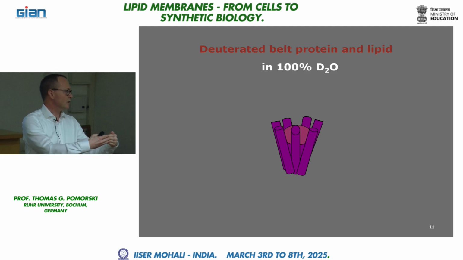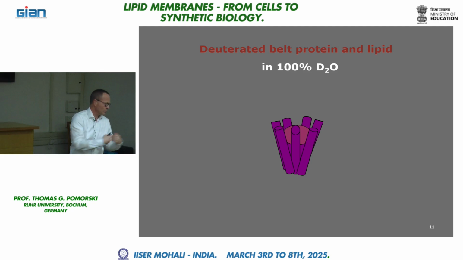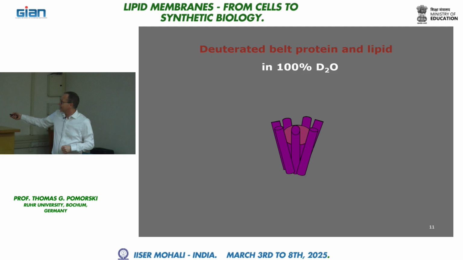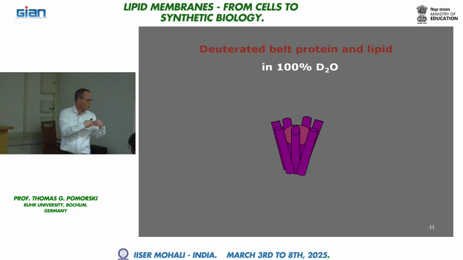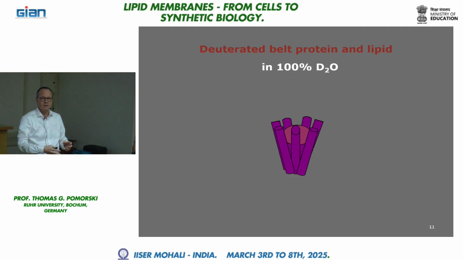That is one type of scattering because the neutrons interact with the deuterium. The other neutrons that hit your protein meet only hydrogen, the protons, and that gives a different scattering. If you now subtract the background from your signal, you only see the protein. Isn't that wonderful? You have a super complex of protein and lipids together, but you only focus on the one molecule that you are interested in.